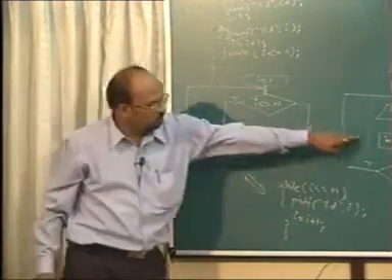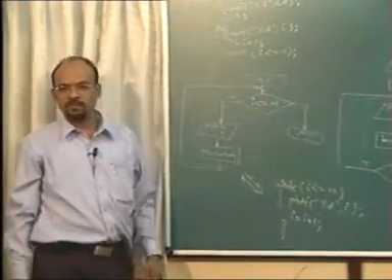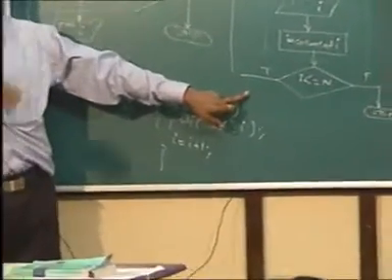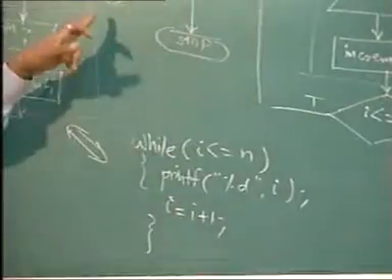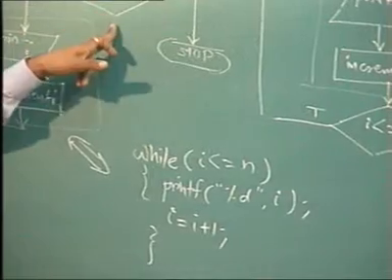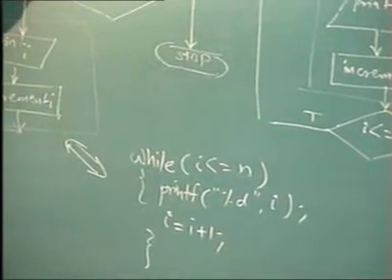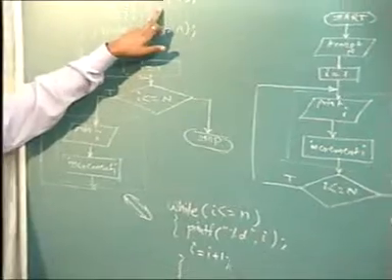This flowchart and this code wrong, because it is a bottom checking loop. It should result in do while. This is a top checking loop. This flowchart and this program wrong. Okay, there is an association of this.